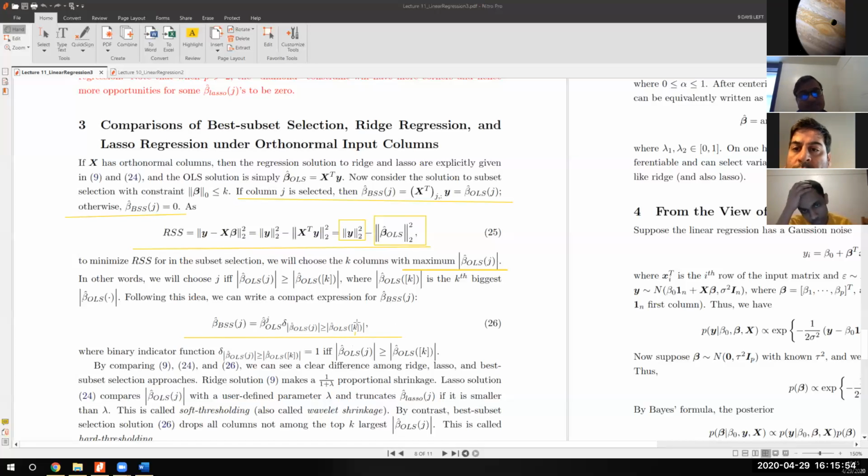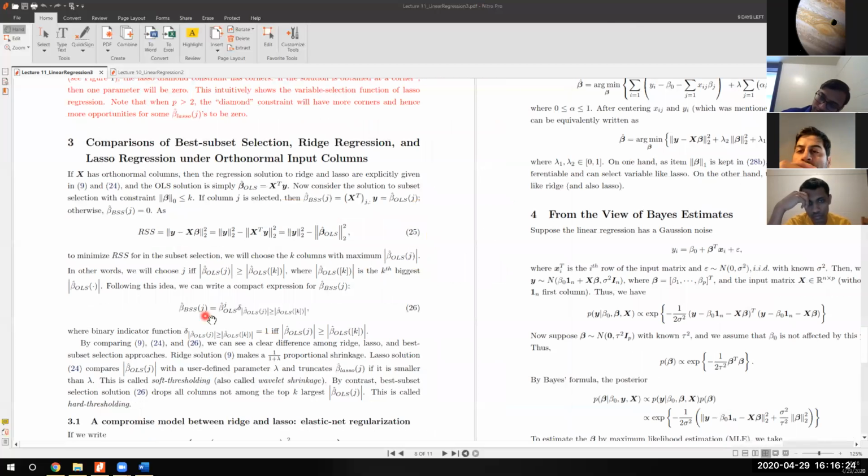For Arab and Mahbuba, have you seen this order statistics notation? The K smallest or biggest. So here, I define this to be the K biggest one. I'm going to select this OLS J if and only if its absolute value is among the K biggest. Otherwise, it's going to be 0. So this is the solution of the best subset selection.